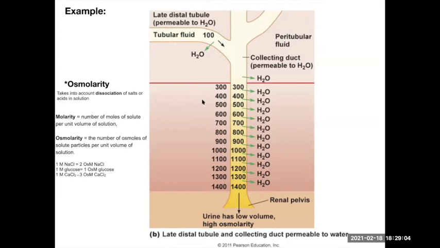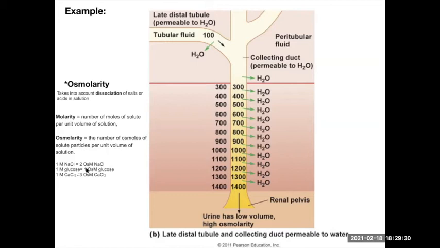But when you put it in solution, which is always going to be the case, it dissociates into sodium and chloride. Each one of those particles is going to exert its independent force as a solute. So now instead of one molecule, you have two. So 1 mole of sodium chloride is equal to 2 osmoles of sodium chloride, or osmolarity, right?